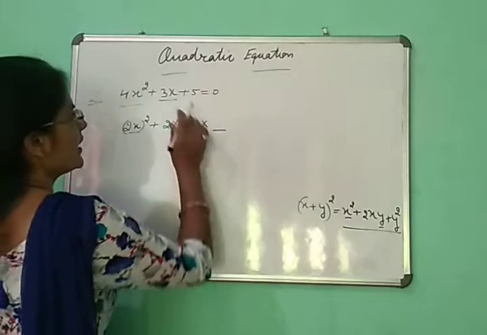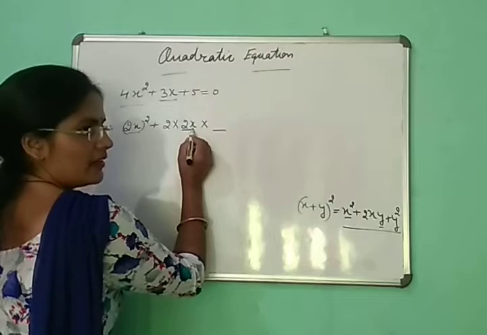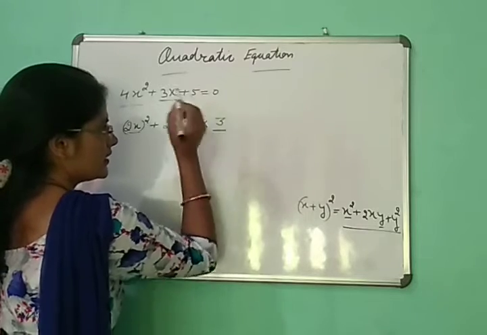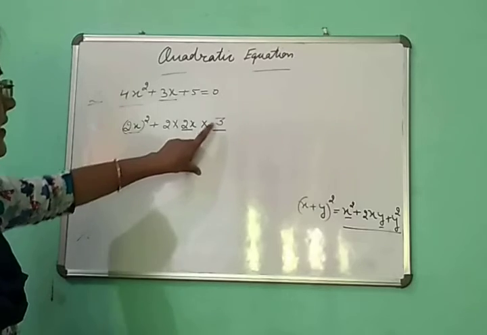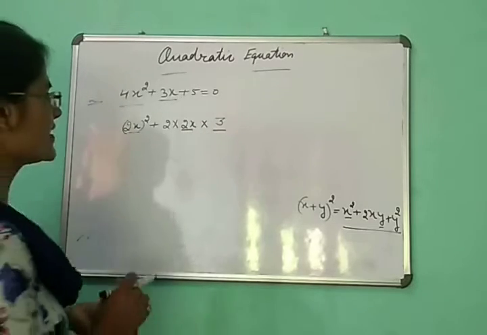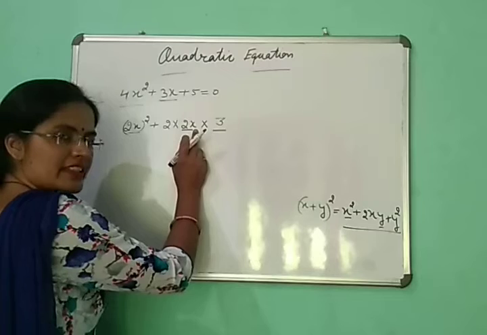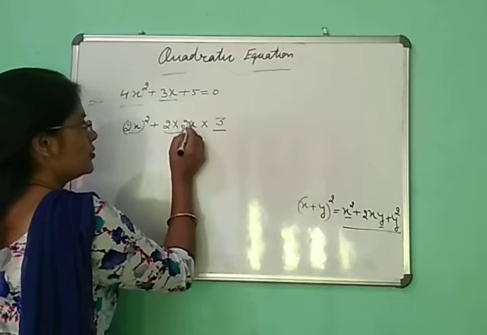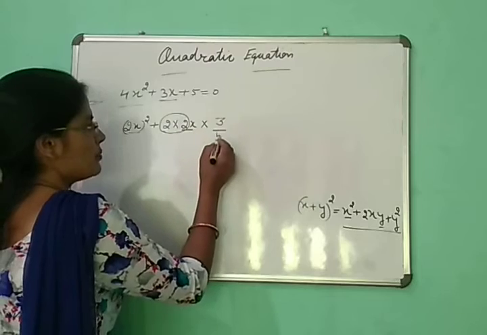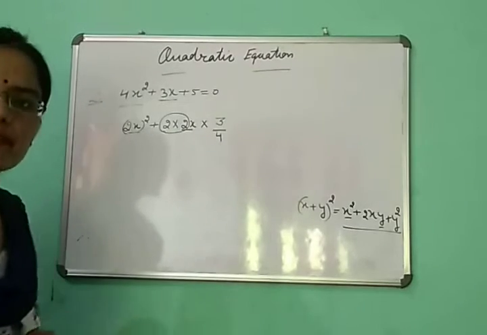We have to make 3x. So when we multiply this by x, 3x, what is extra? When we multiply this 3 with x, this one becomes 3x. What is extra here? 2 into 4. So simply divide 3 by 4.